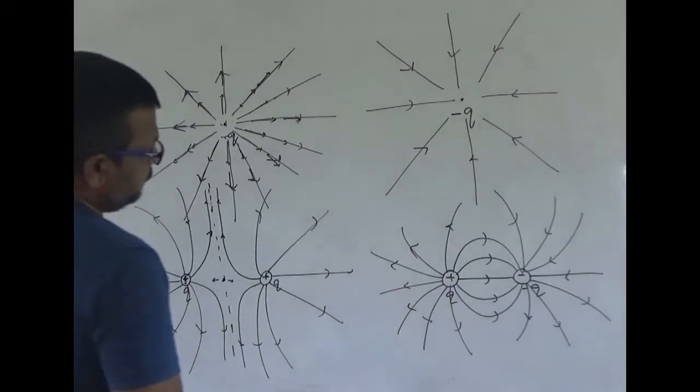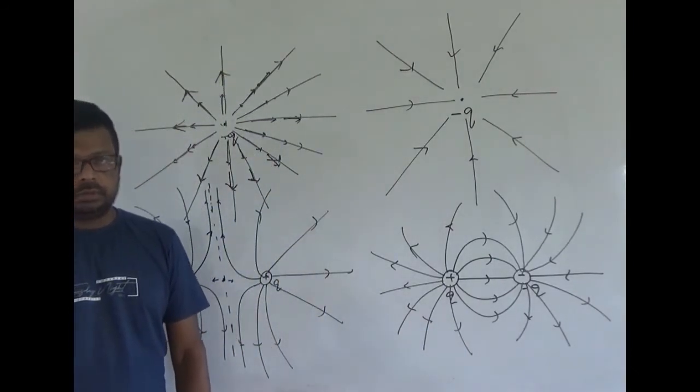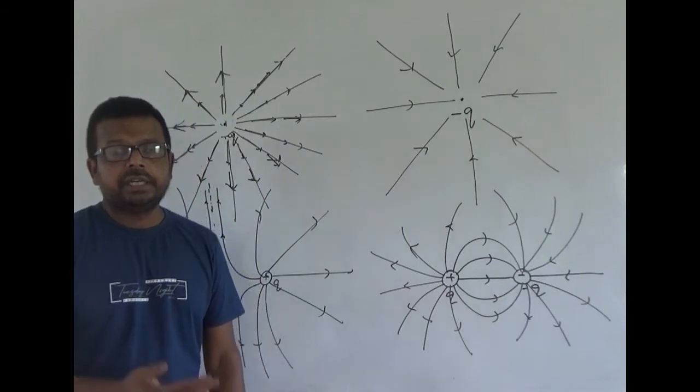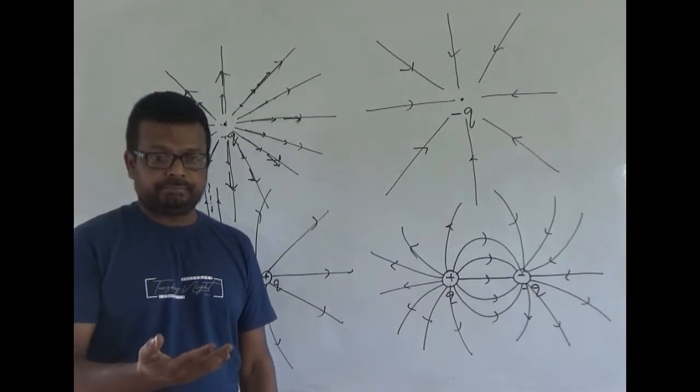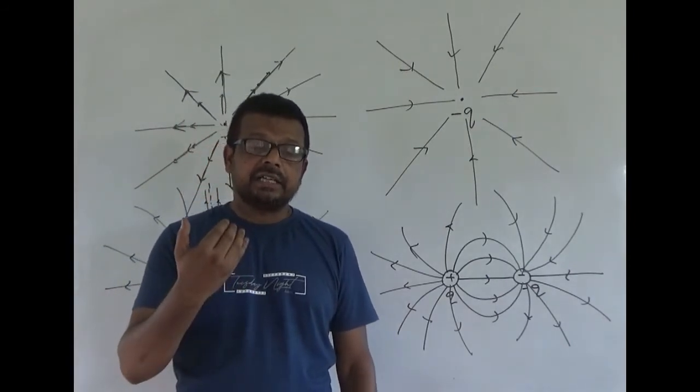Again, if there is an electric field in which at each and every point the electric field intensity is the same, that means its magnitude is the same and the direction is also the same.